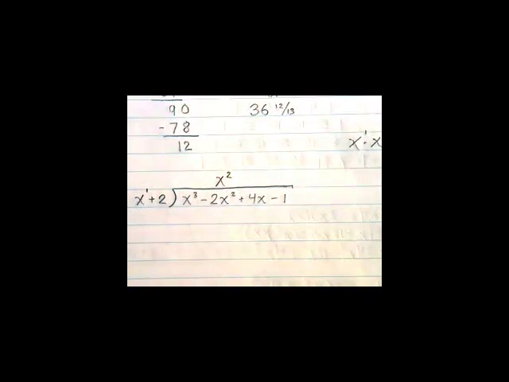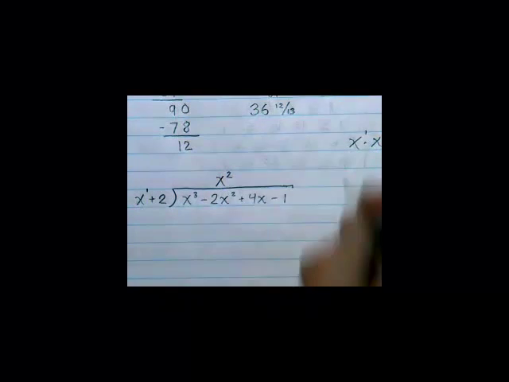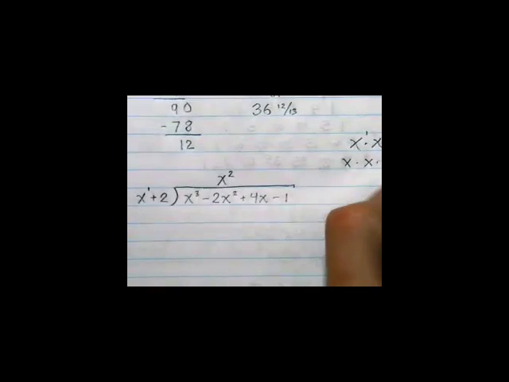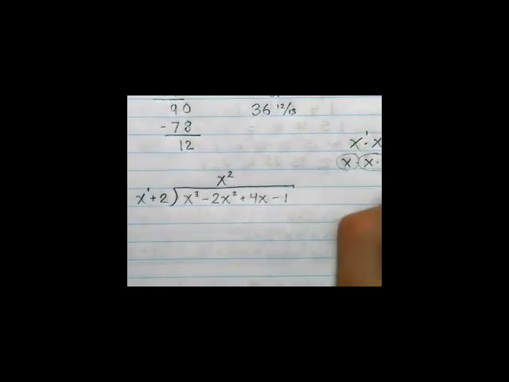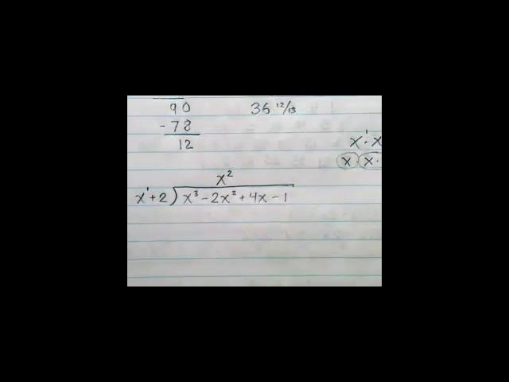X to the first times x squared. It's x times x times x, because this is x squared and this is x. There's 3 of them. It's x to the third. Right? Okay, that's all we're doing. Except we're kind of working backwards. We know that we wanted to end up with this. We had this, so we need one of these to make that work. Okay? That's what we're doing here.